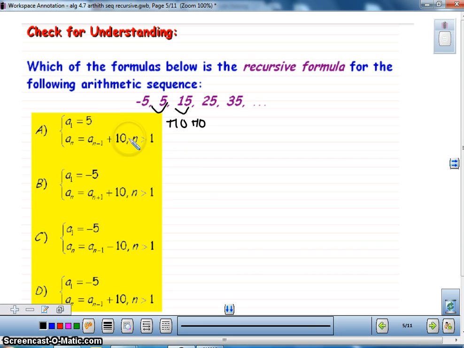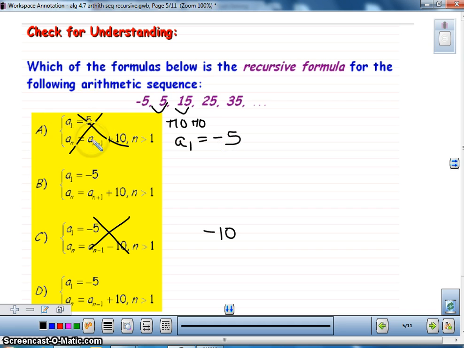It looks like it's going to be A, B, or D. Can't be C. The reason it can't be C is we are minusing 10. It does have the correct first term. Do the rest of them have the correct first term? No. Wrong first term. a_1 has to be equal to negative 5.